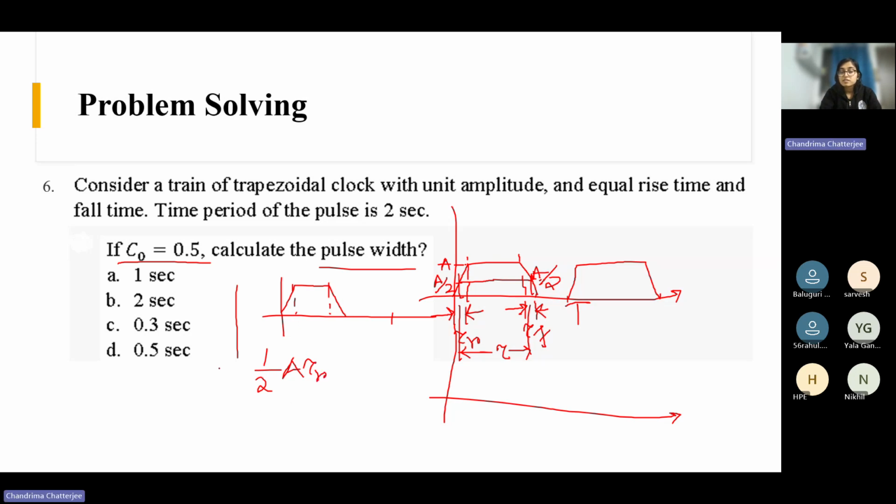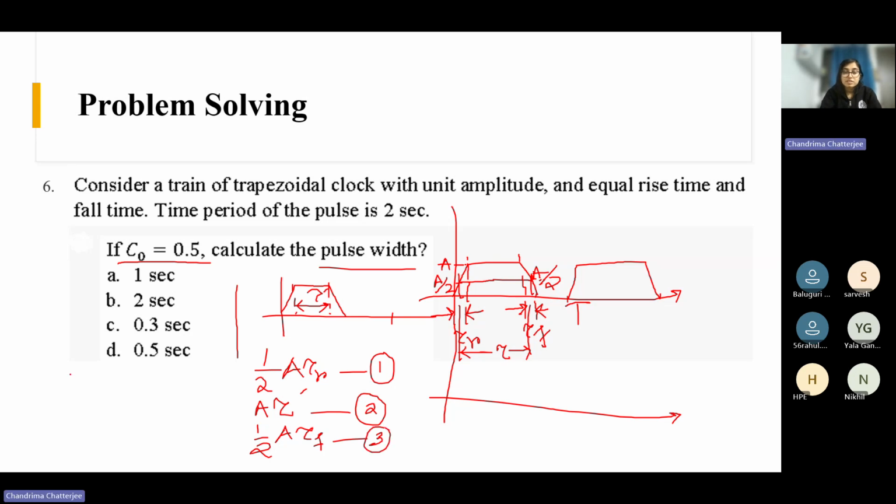This is part 1. Then part 2 is a rectangle. Suppose this duration is tau dash, so the area is A tau dash. This is part 2. And then another triangle, so again half A tau f. This is part 3.